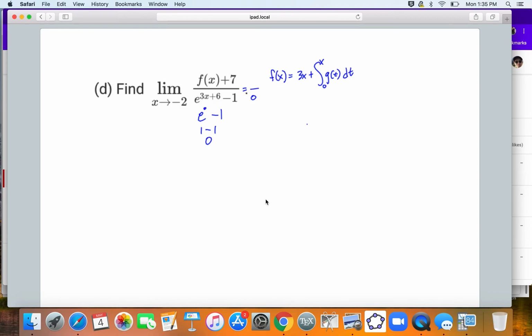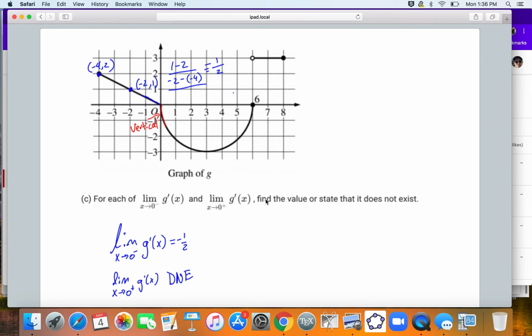My numerator, let's see, f of -2 would be -6 minus the integral from -2 to 0 of g of t dt. And if we look at that, the integral from -2 to 0 is this.